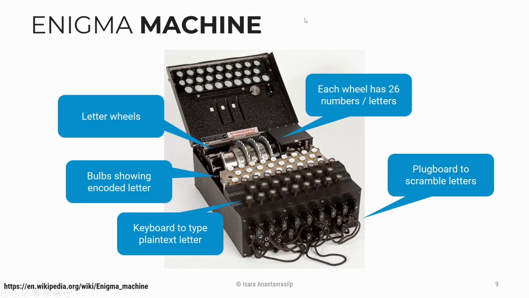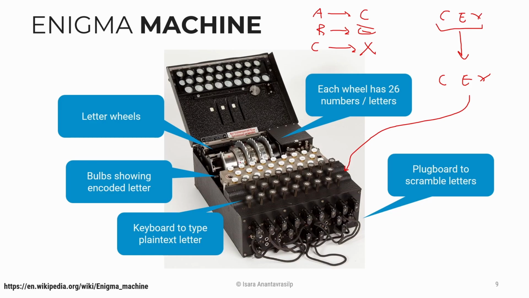So, for example, if I type A and the machine says C, I type B, the machine says E, and I type C, the machine says, I don't know, X. You send this C E X over the air using Morse code or whatever. The receiver has to type C, E, and X back into the keyboard, and then the machine will light up A, B, and C back.